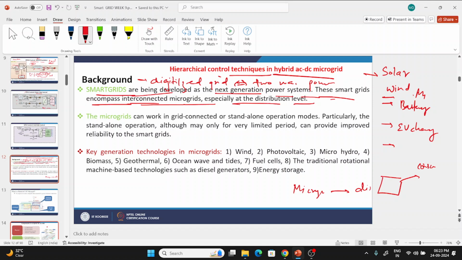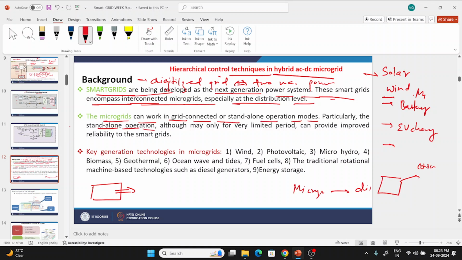The reason behind this is that generally the power output of these renewable energy sources is very small, so it cannot travel long distances like the transmission we use in the conventional way. We have also discussed that a microgrid works in grid-connected or standalone operation mode.